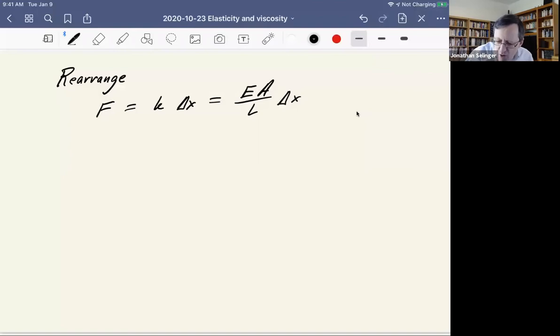One way we could do that would be to divide through by the area.